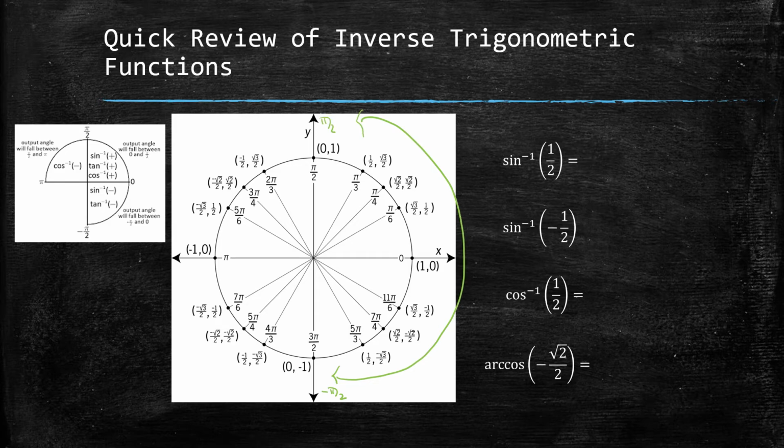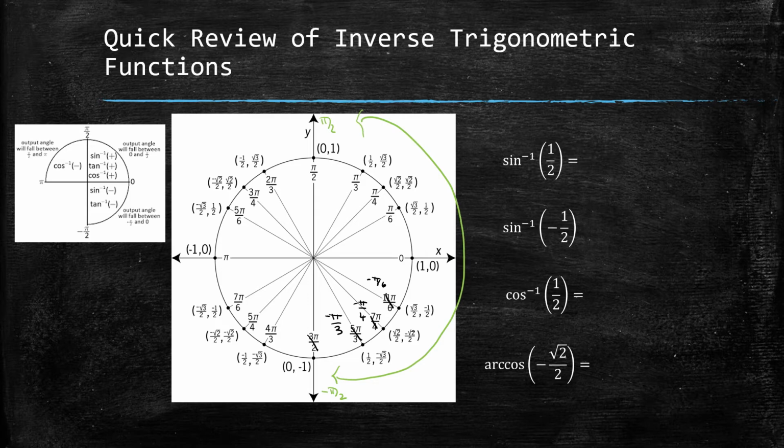So in the fourth quadrant, even though these are marked as 5 pi over 3, 7 pi over 4, etc., we want to think of those as negative pi over 6, negative pi over 4, and negative pi over 3. And this one as well, negative pi over 2. So sine and tangent, bottom to top.